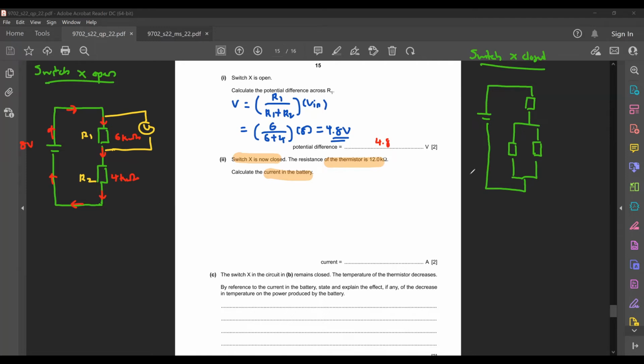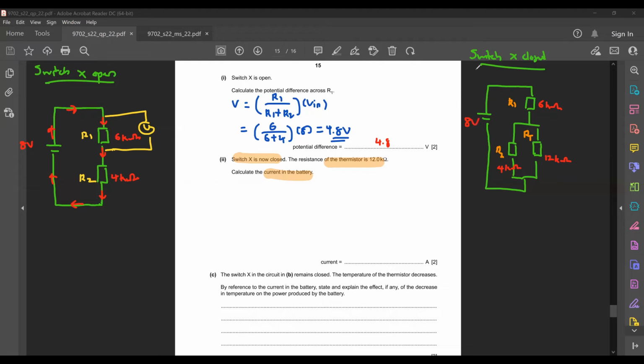If I write in all the values that I know, this is R1, this is R2, this is my RT. The values will be 6 kilo ohms, 4 kilo ohms, and then 12 kilo ohms here. These are the values that you need to work with, and your EMF still remains at 8 volts.